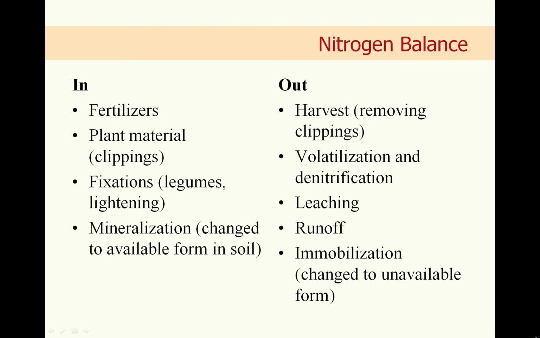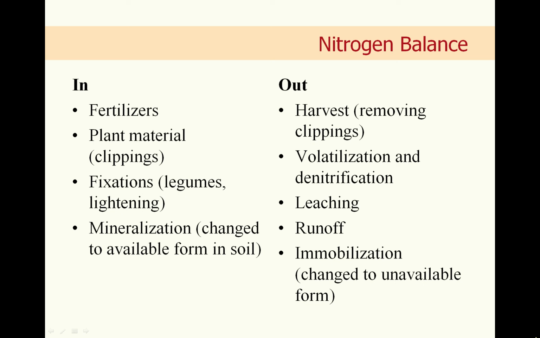Fixation of nitrogen by either legumes or lightning can also lead to nitrogen inputs. And then mineralization. Nitrogen can be tied up in the soil and then mineralized, and this release via mineralization is an important source of nitrogen available for the plant.